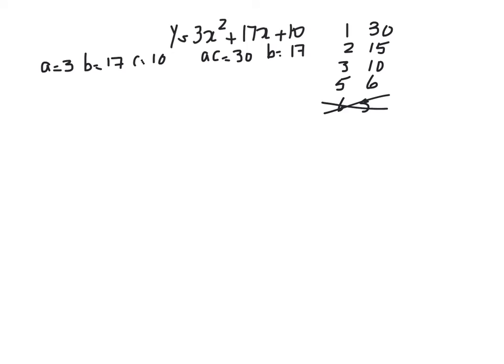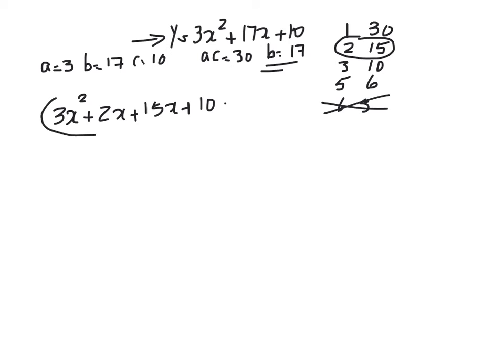Now, the sum has to be 17. The only candidate here is 2 and 15. So I can write this trinomial as 3x squared plus, instead of 17x, I'm going to write it as 2x plus 15x plus 10.